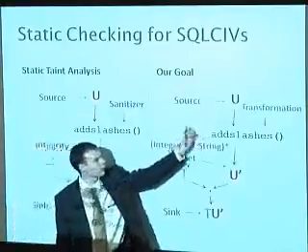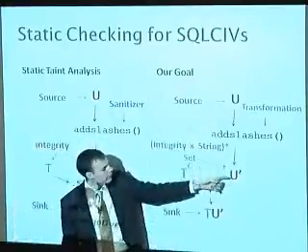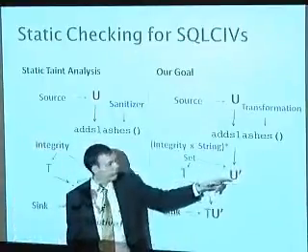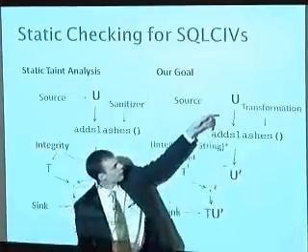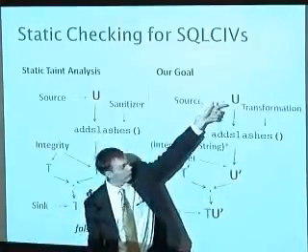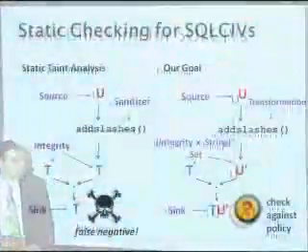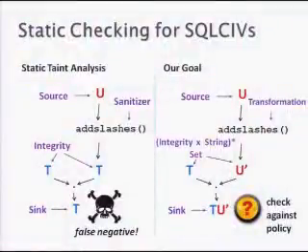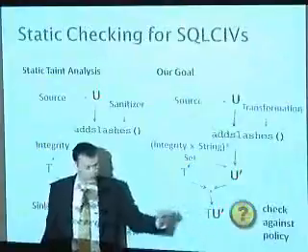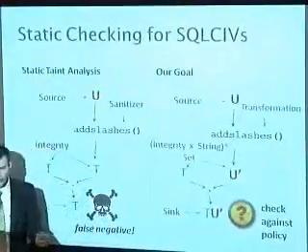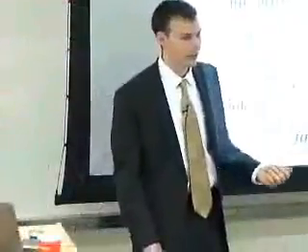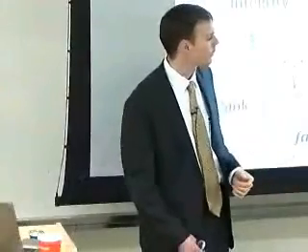We'll just have transformations, where ideally the strings in this set are exactly the set that you could get by passing the strings in this set through this function. And then again, we have some sink that's of interest to us. But rather than giving an immediate thumbs up or thumbs down, we want to check whether in this set there's a string that according to our definition is an attack. And if so, we say the code that this represents has a vulnerability.